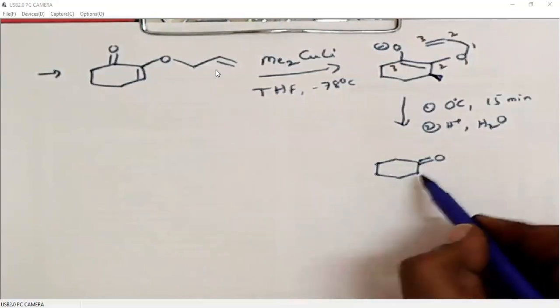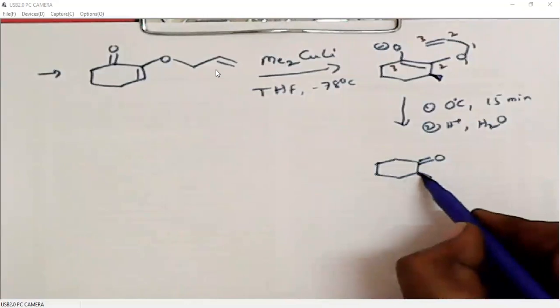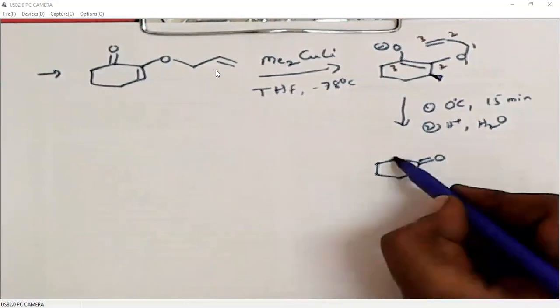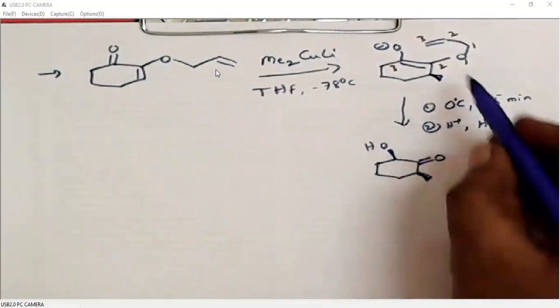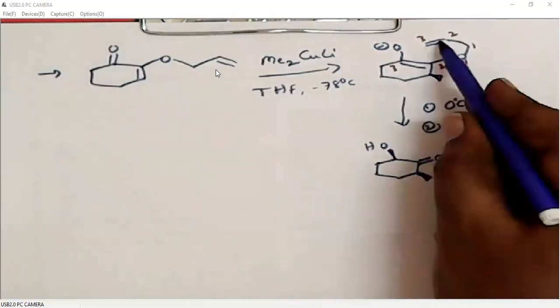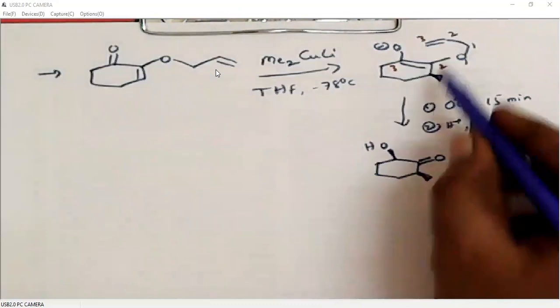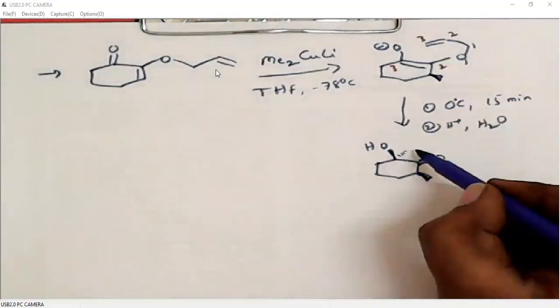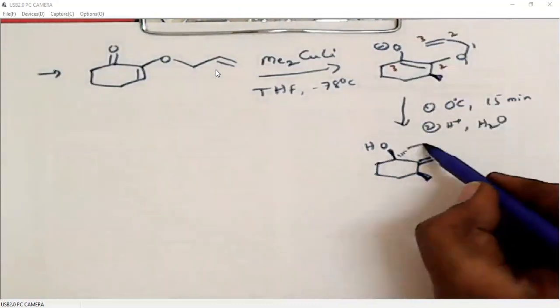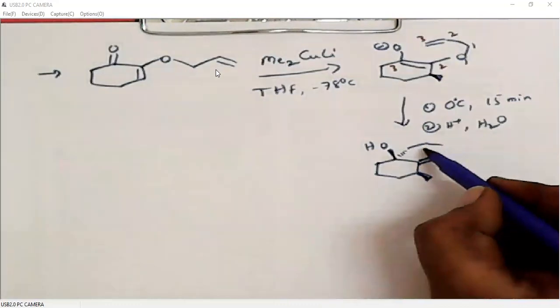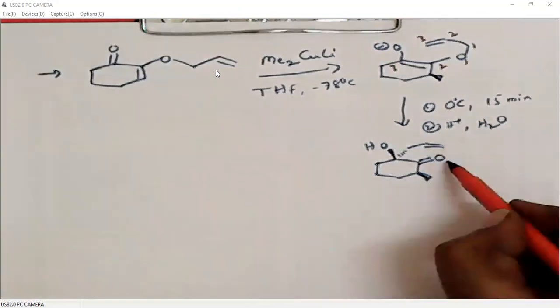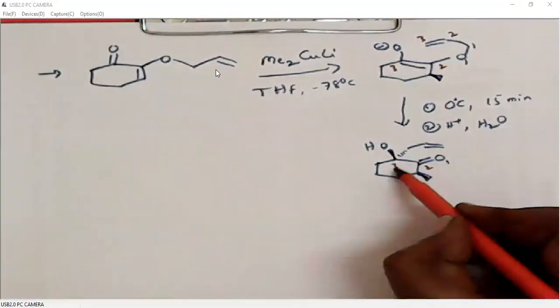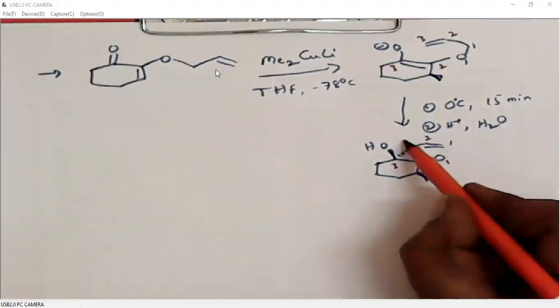This is the carbonyl, and this is a methyl group. For example, if it is above the plane, then this fellow will approach from below the plane. I'll give the numbering: 1, 2, 3, 1, 2, 3. So this is the product.